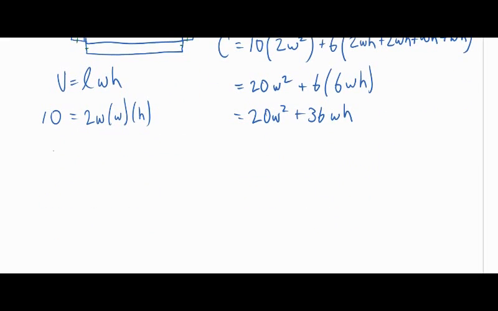I'm going to divide by 2, so I get 5 equals w squared h, and h equals 5 over w squared.